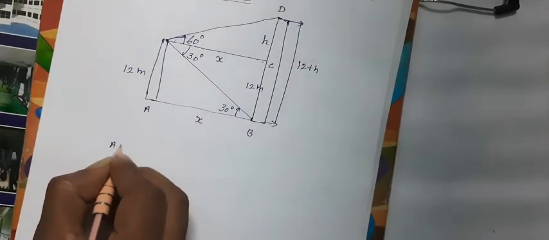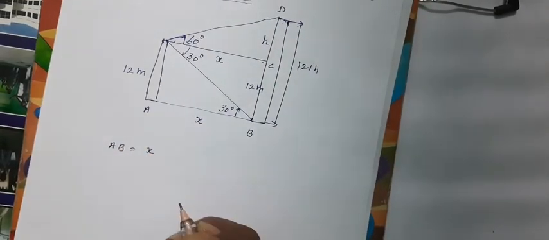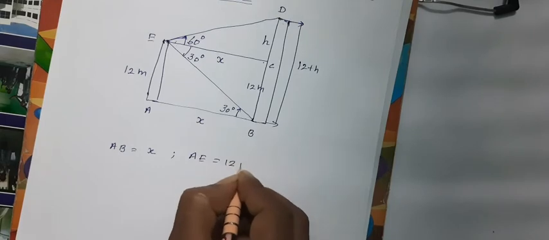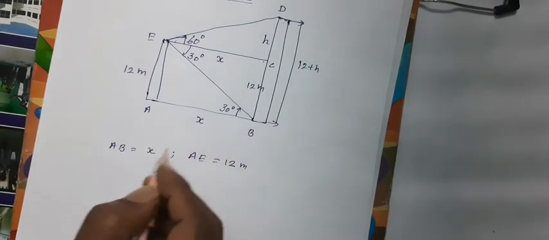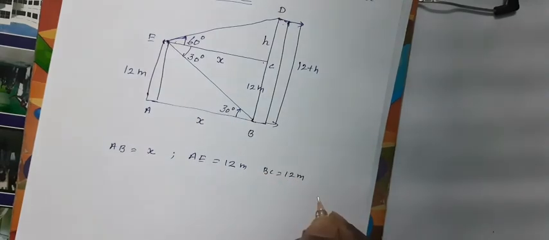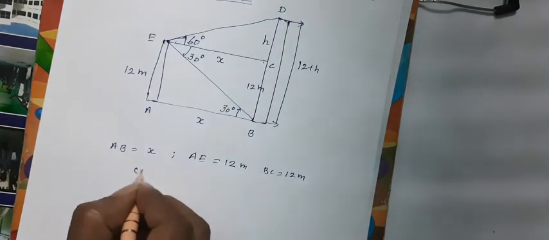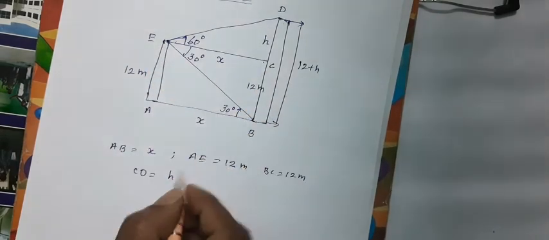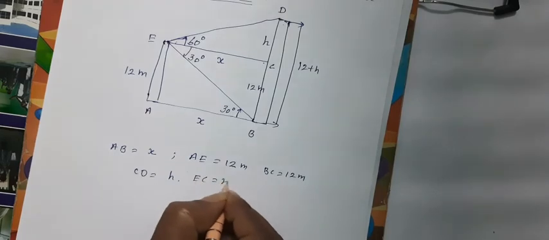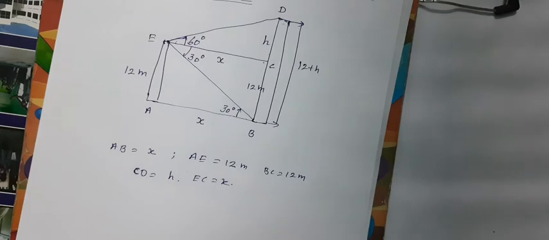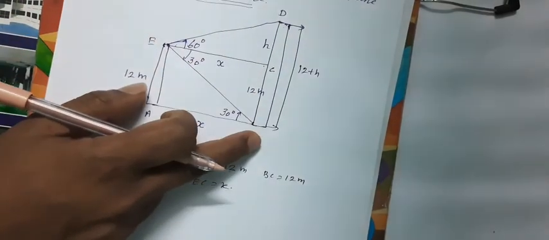Given AB is equal to x, AE is equal to 12 meters, BC is also 12 meters, CD is equal to h, and EC is also x.